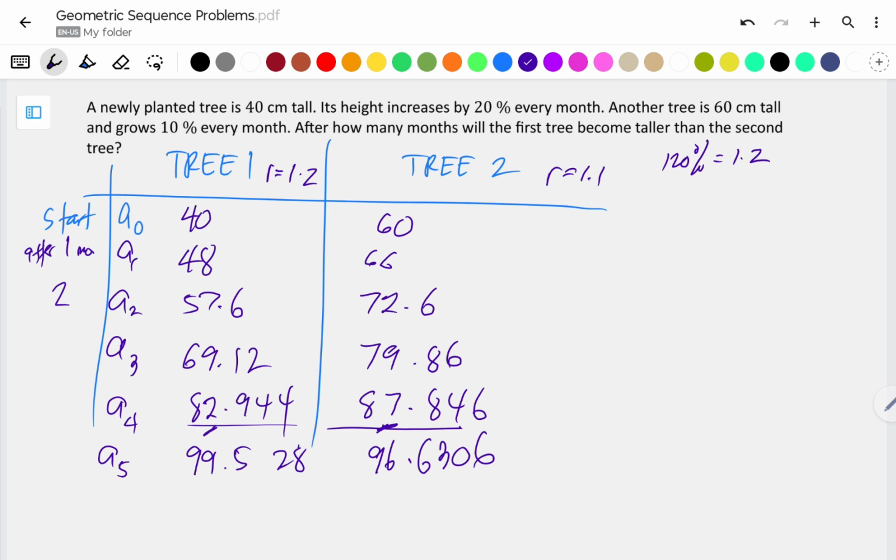So as what you can see here, tree number 1 is already taller, 99, and the other one, 96.6. So after how many months will the first tree become taller than the second? That will be after 5 months.